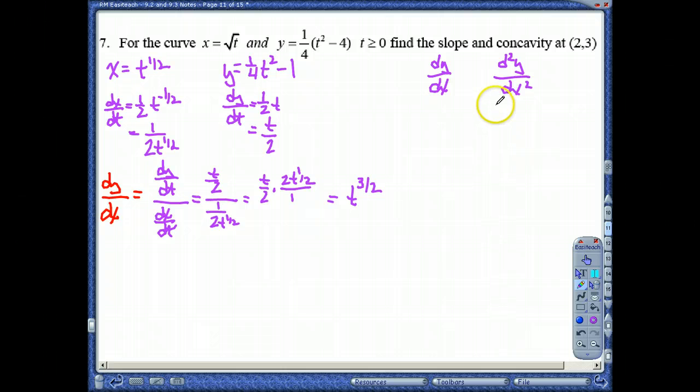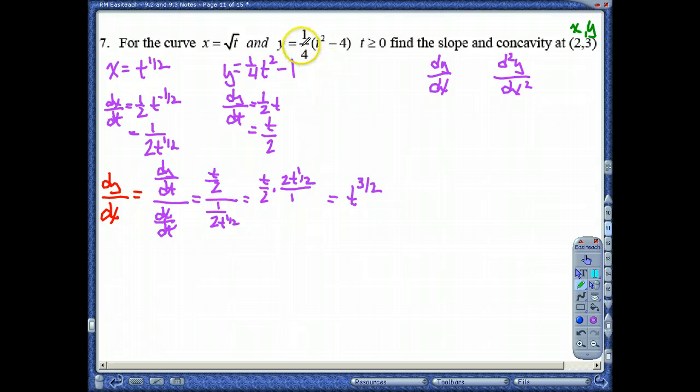Now, the fun part about this is they want me to tell them what the slope is at the point (2, 3). Well, that's the x-coordinate and the y-coordinate's value. You're probably noticing what the problem is. This is a t. It's not a y. It's not an x. So we're going to find out what t would equal.